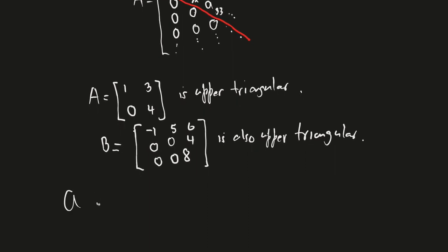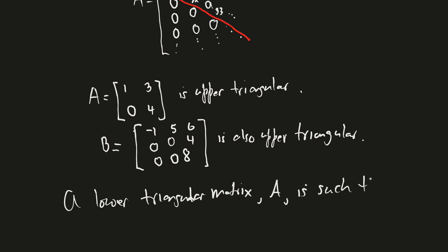So a lower triangular matrix, again, let's call it A, is such that our entries now, Aij, the requirement is that Aij is equal to 0 whenever your i is less than j.